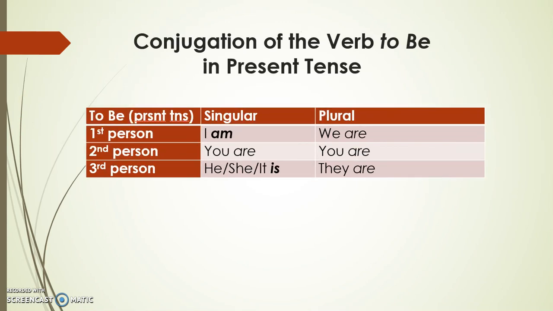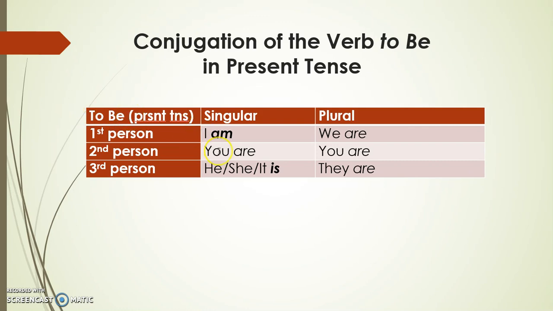Okay, so let's go ahead and conjugate the verb to be in the present tense. And notice I've added present tense in the top left-hand column here. I have the verb that I am conjugating and the tense that I'm conjugating it in.